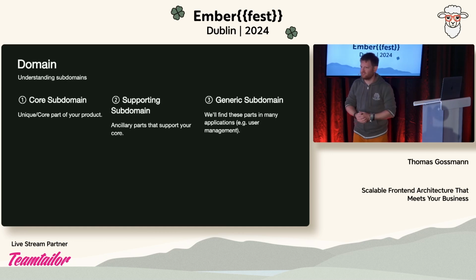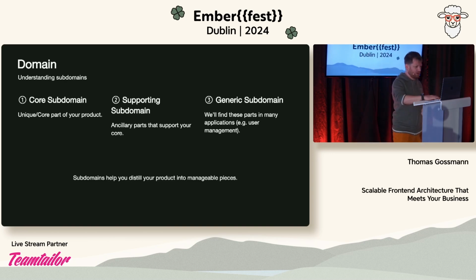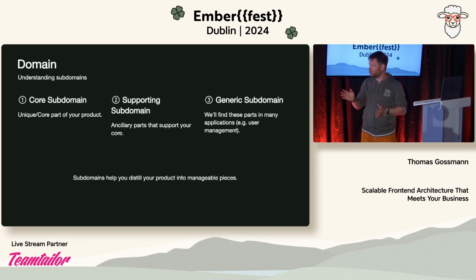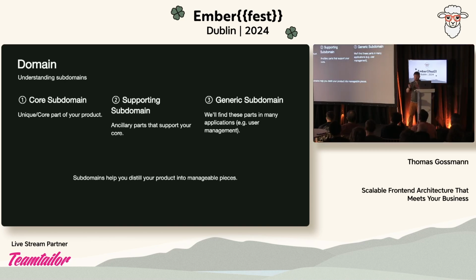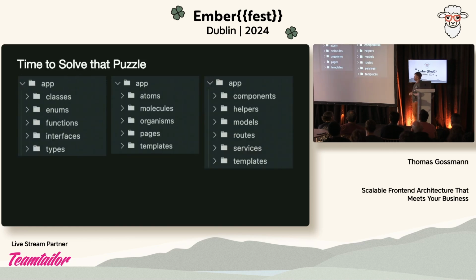I think for most of us, this is some authentication, user management, but we don't make a business with that. We use it to make our products work. These subdomains are really, really good to help us manage the code at scale and to put it into manageable pieces.